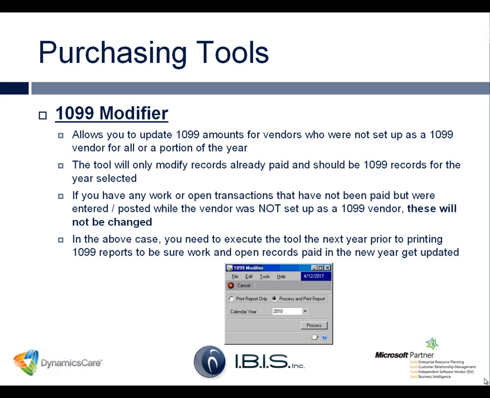And if you have any work or open transactions that have not been paid but were entered or posted while the vendor was not set up as a 1099 vendor, those won't be changed. That's an important point on this one. So in that situation, you want to execute the tool the next year prior to printing the 1099 reports to be sure the work and open records paid in the new year get updated.